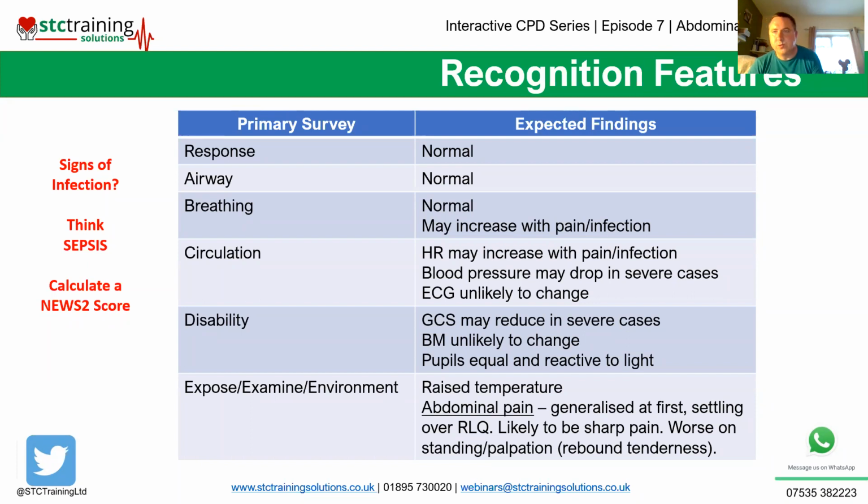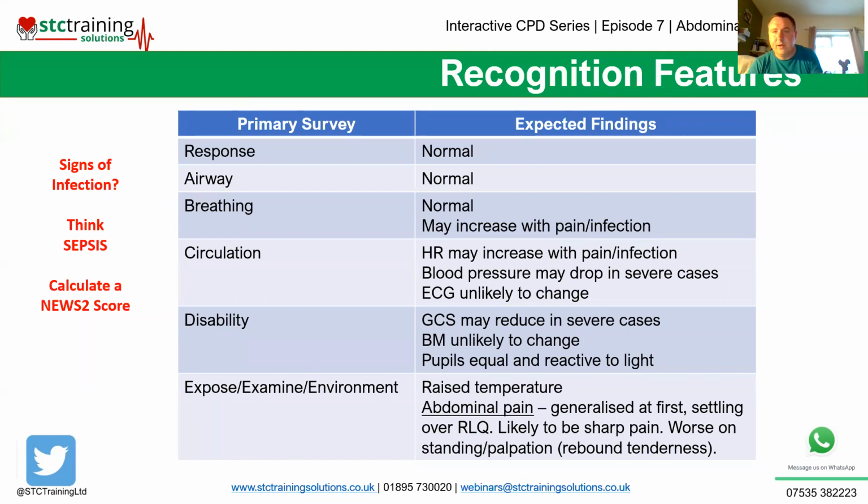You might go up from 4 to 6, for example. Patients that are diabetic might see bigger changes, but blood sugar isn't going to be a reliable indicator in somebody with appendicitis necessarily. Pupils, you're not going to get any changes in intracranial pressure, so we're not likely to see pupil changes.